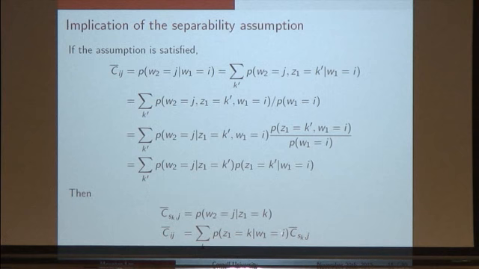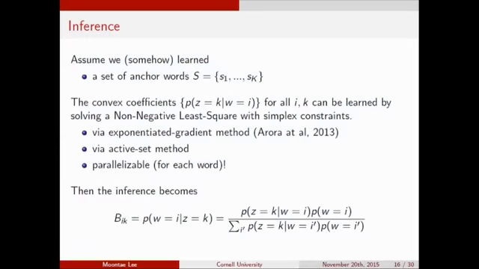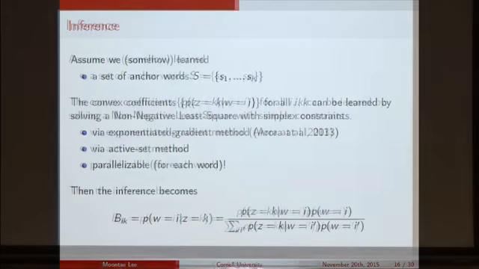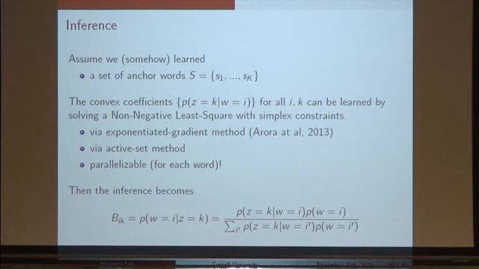Assuming we somehow know the anchor words, the rest of the inference is just to figure out these coefficients. So assume we somehow learn those anchor words, then solving the previous equation is just solving non-negative least squares with a simplex constraint. There are many different methods. Arora et al. use exponentiated gradient, and there is also the active set method.